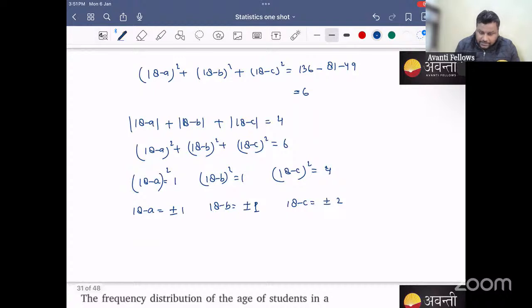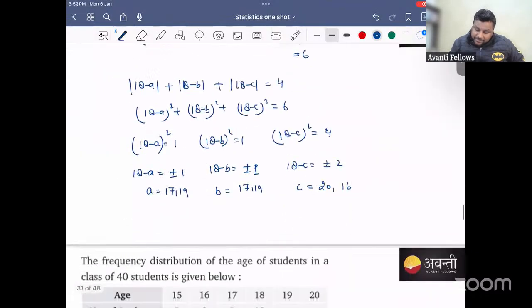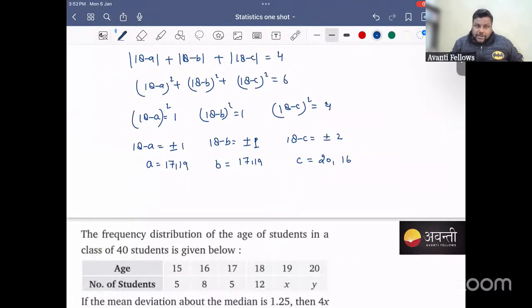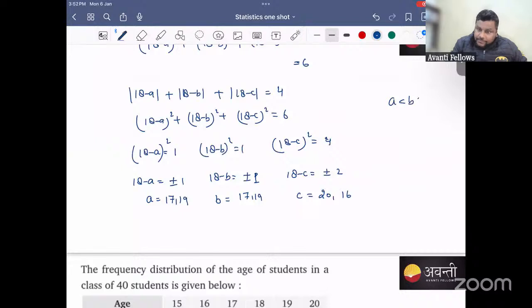From there, you can say A is 17 or 19, B is again 17 or 19, and C is 20 or 16. Yes or no? Now, one more condition I do have, that A plus B plus C is 56. Also A less than B less than C is given.